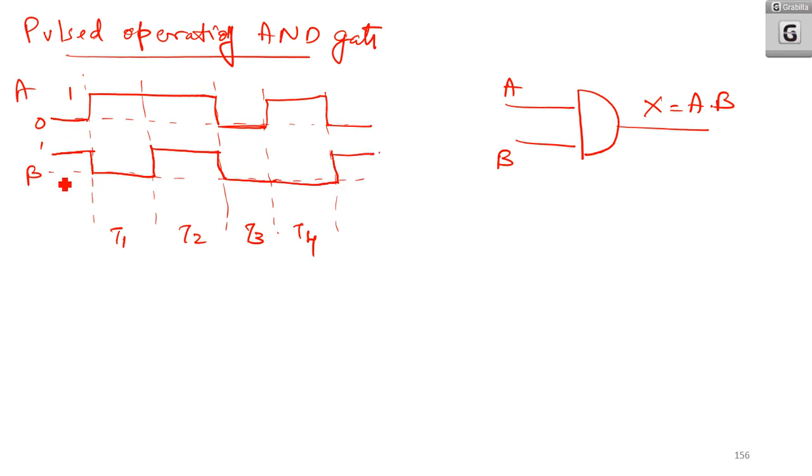So this is the B waveform. This is the logic 0 of the B waveform. So how will be the output X? This is a question. How will be the output X? So I am going to draw the output sequence X.